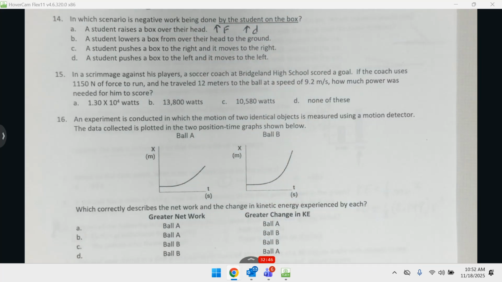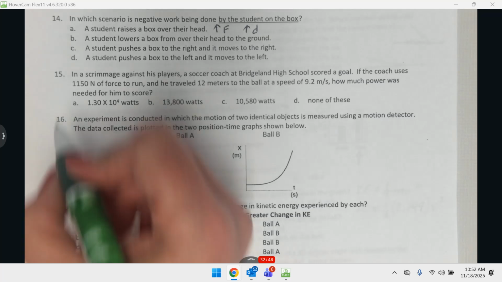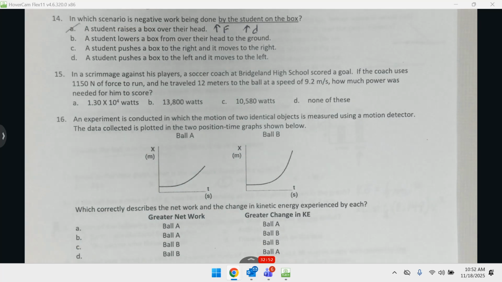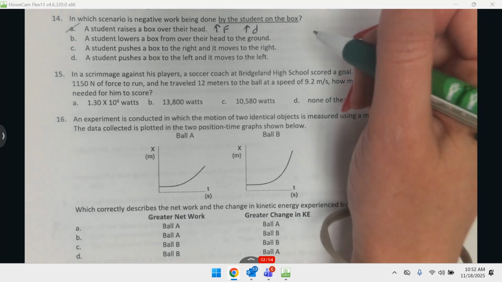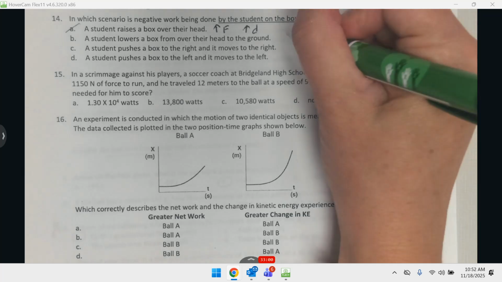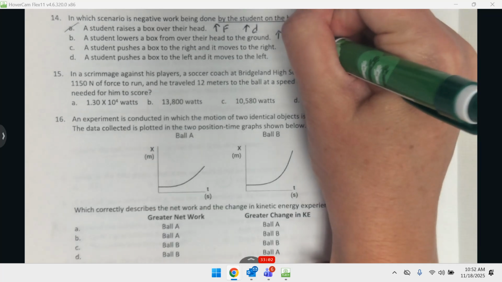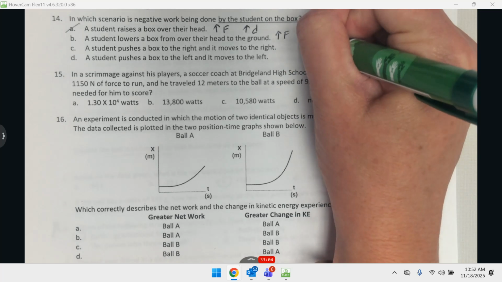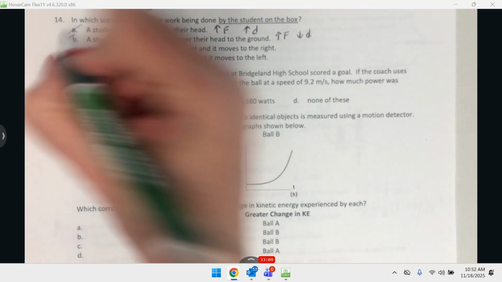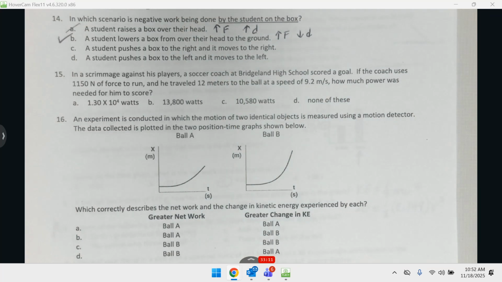If they're in the same direction, that's not negative, that's positive work, so it can't be A. Answer choice B says a student lowers a box from over their head to the ground. If you're lowering a box, your force on the box is still upward. You're still supporting its weight. So you have an upward force, and yet you have downward displacement. They're in opposite directions. That looks like it's our answer, but let's keep reading just in case.